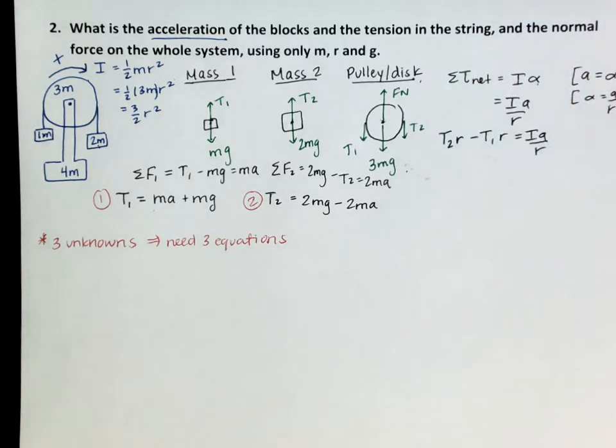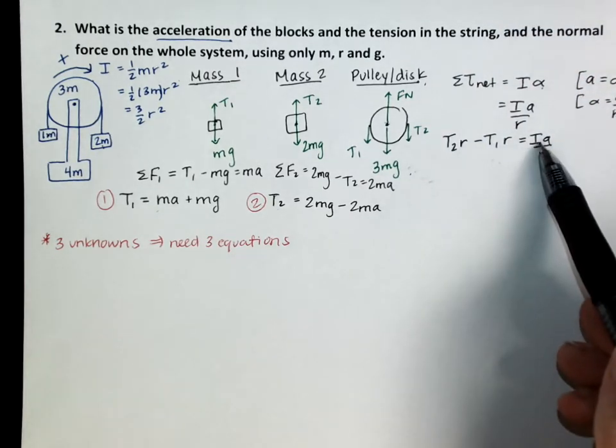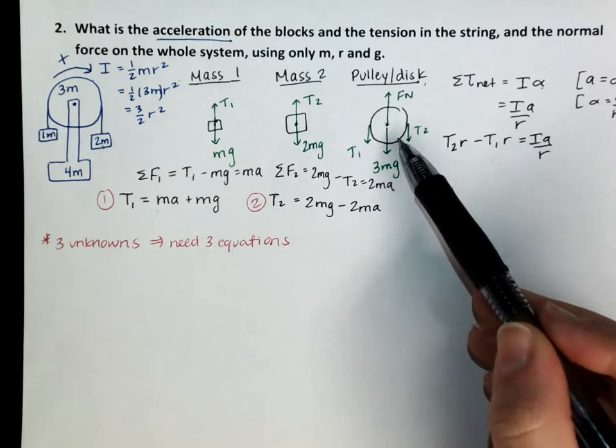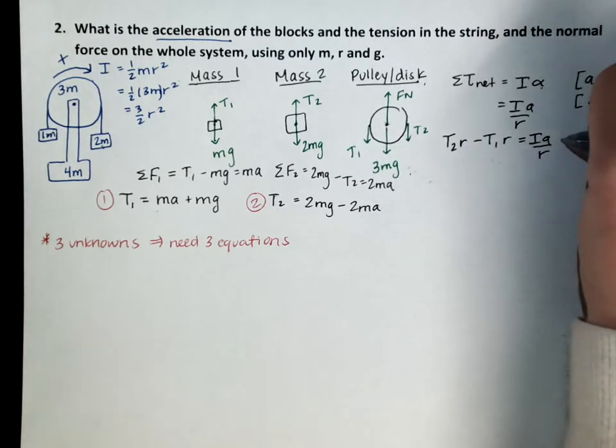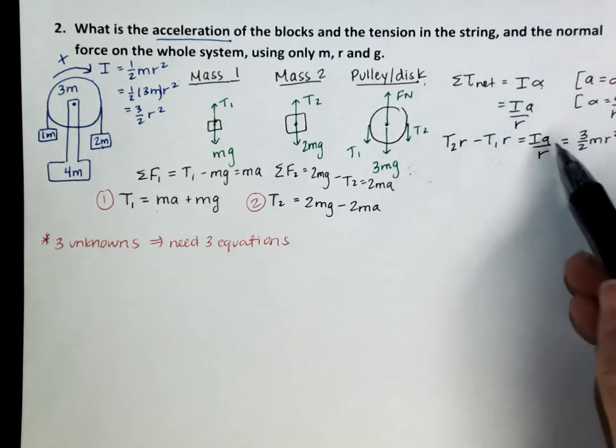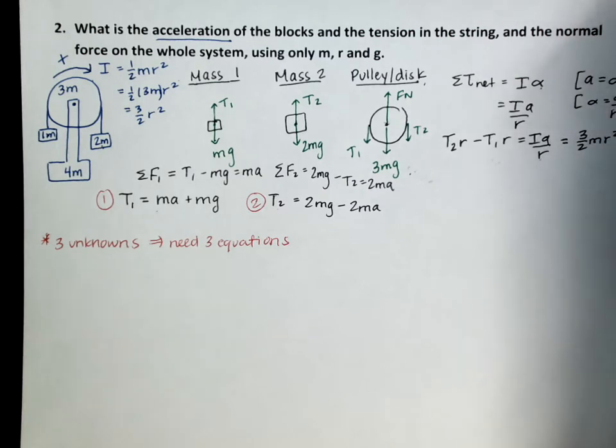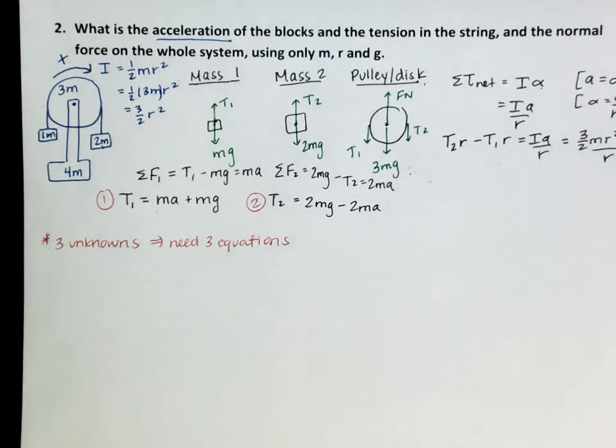Okay, and we already stated what the moment of inertia is for this disc. It is 3/2 mr squared, so let's go ahead and plug that in. Don't forget our a, which is in the numerator, and then r in the denominator.